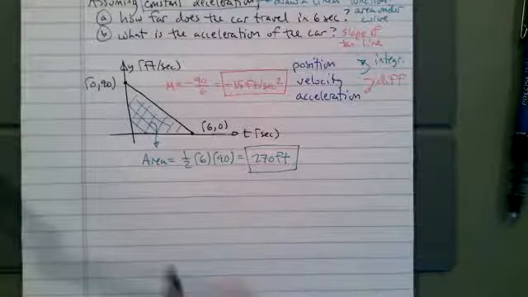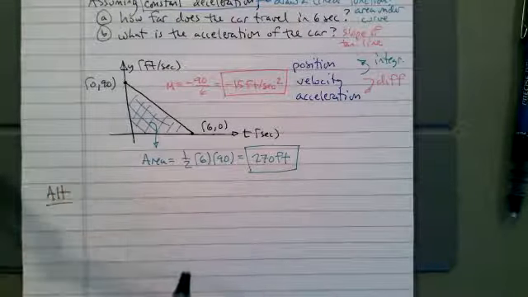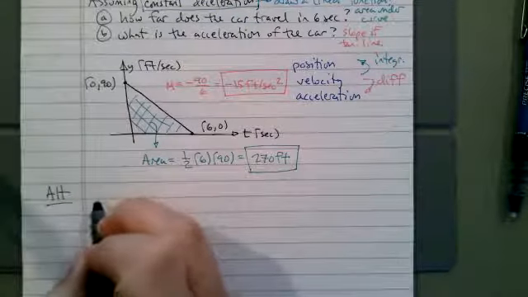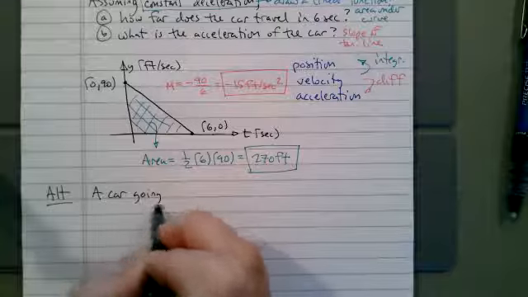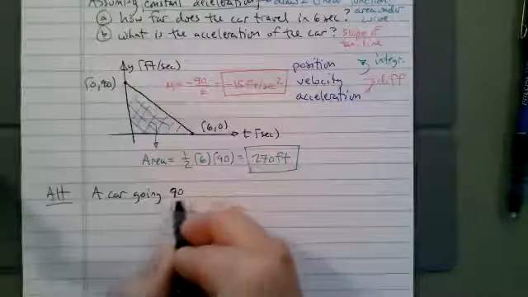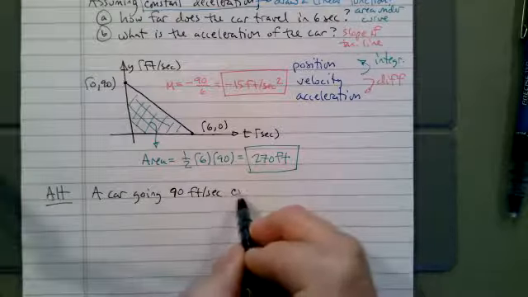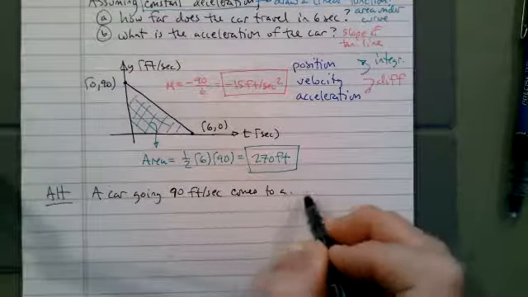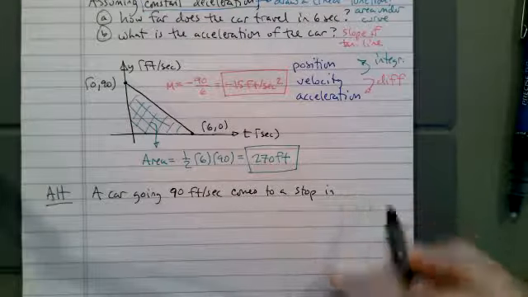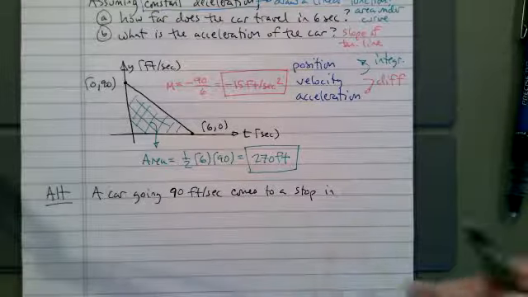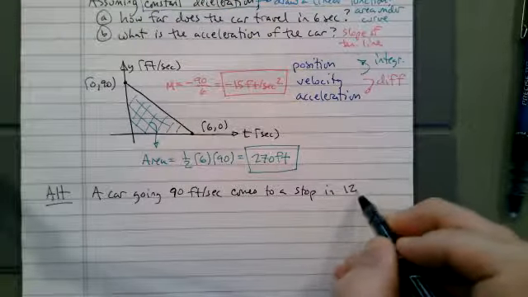So we could say an alternate version of this problem: a car going 90 feet per second comes to a stop in 120 feet.